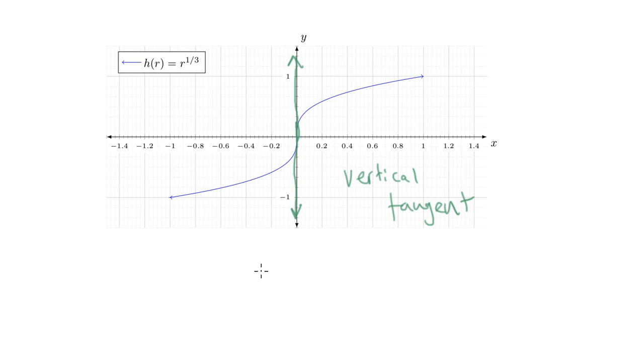So my slope at r equals 0 is undefined. So even though the function appears smooth, the tangent line is vertical, so the slope is undefined, so the function is not differentiable.